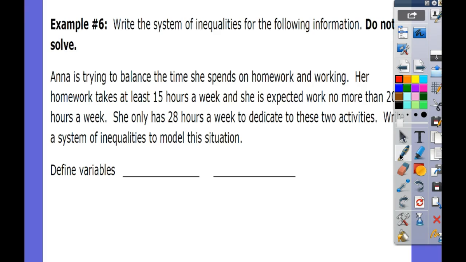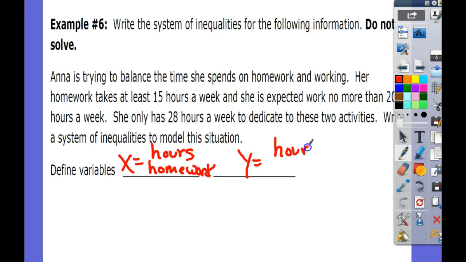Okay, so we'll let X represent the hours for the homework, because it was mentioned first. Y equals the hours for working. Now, I said this before.